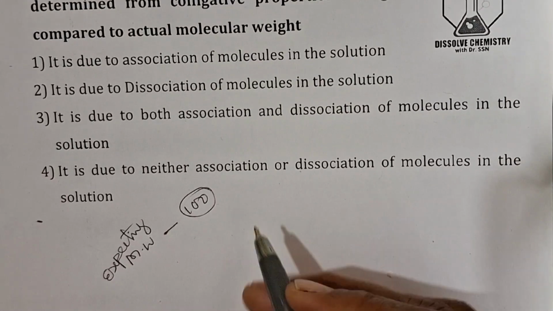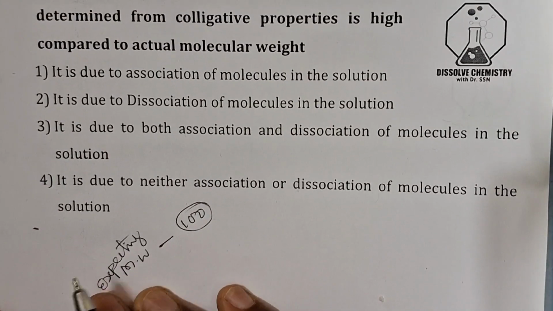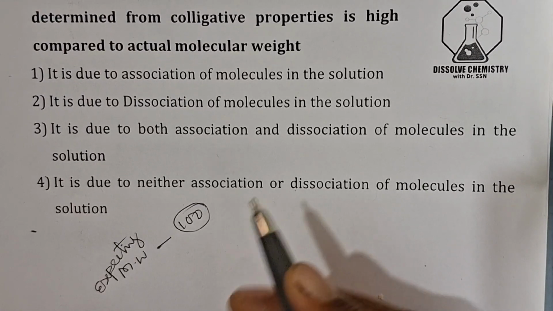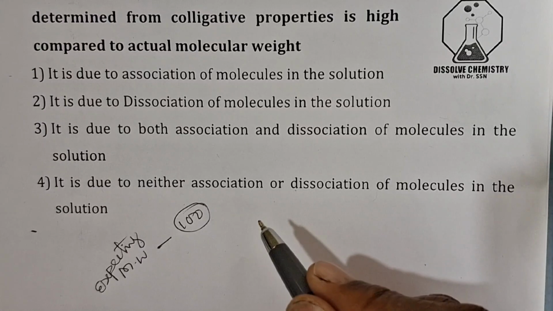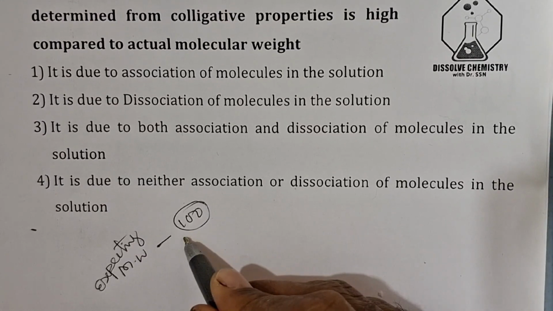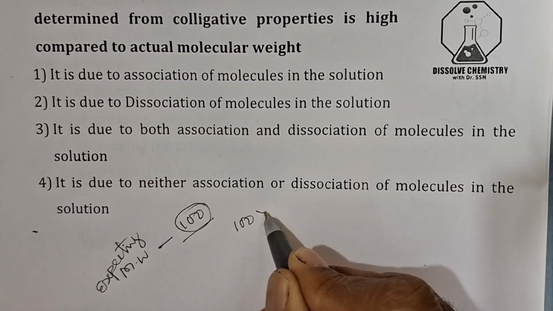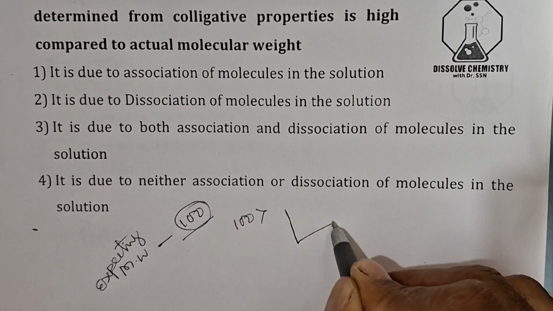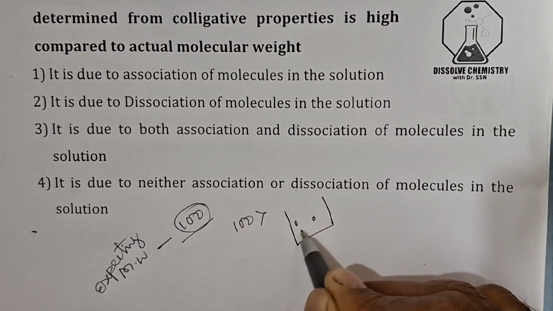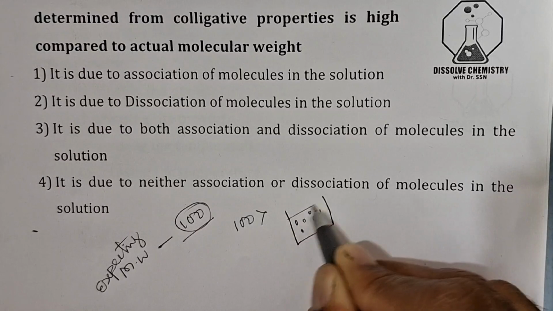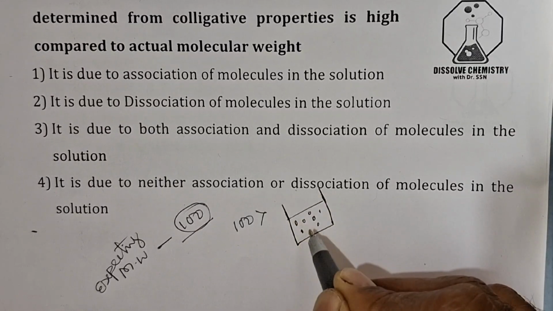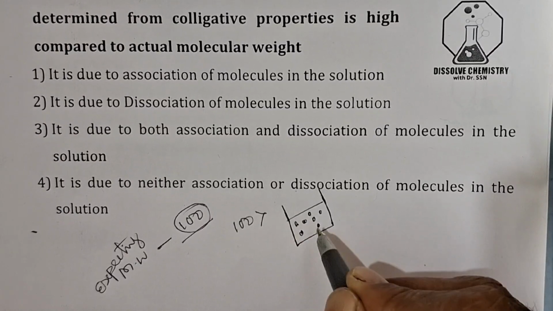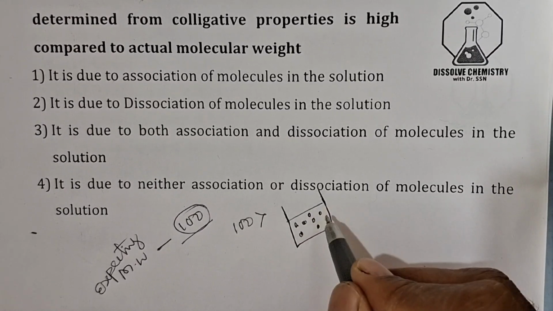But when it is determined by using a colligative property, like relative lowering of the vapor pressure, or elevation in boiling point, or osmotic pressure, it is found to be higher than this, meaning greater than 100. When you dissolve the molecules in the solution, if their molecular identity and nature sustain in the solution also, then there is no question of a change in the molecular weight.